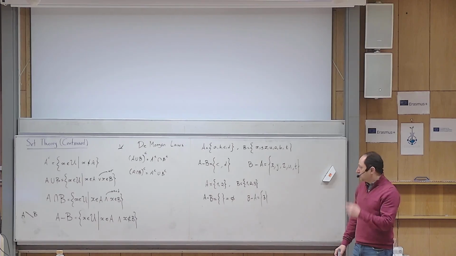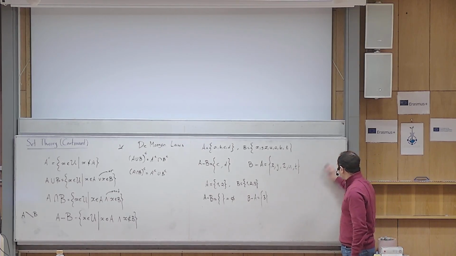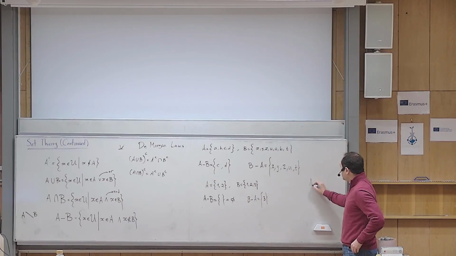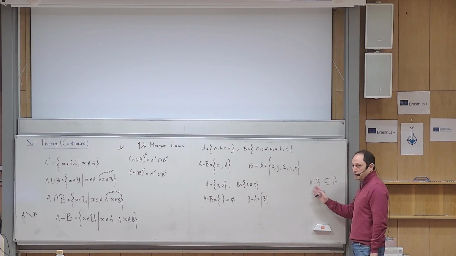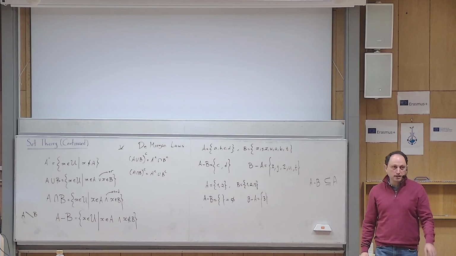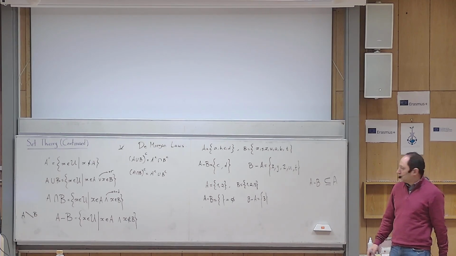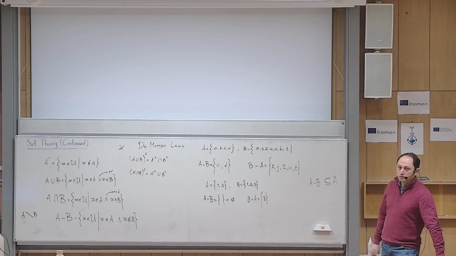Okay? So let me ask you one question. How much do you agree with this? Not in this case. I pick two sets in my head, A and B, and I write this on the board. You don't know the sets that I have chosen. But can you be confident this is true? Yes or no?